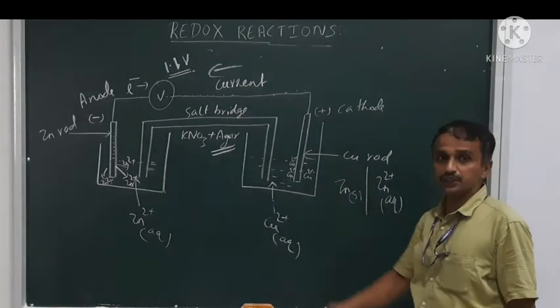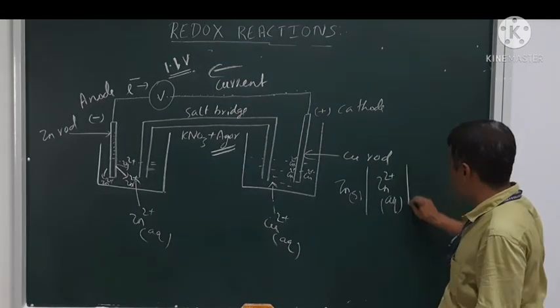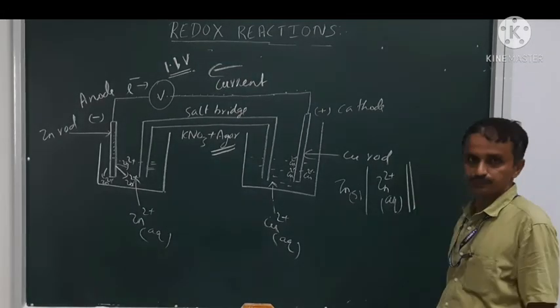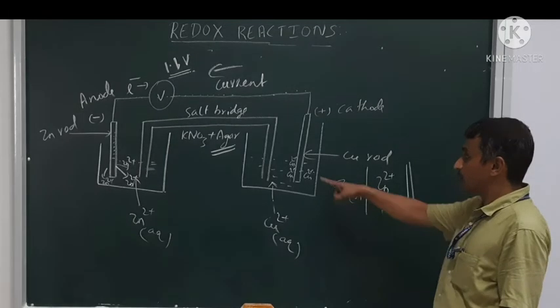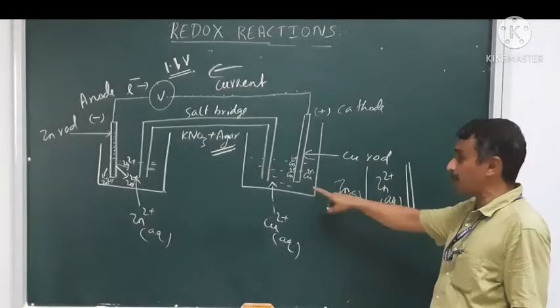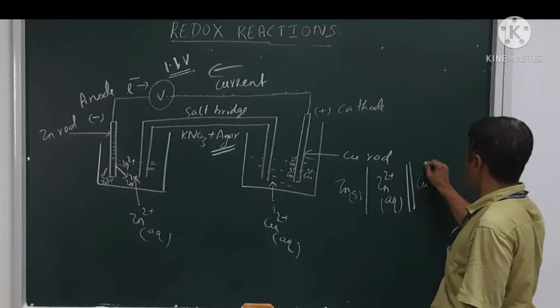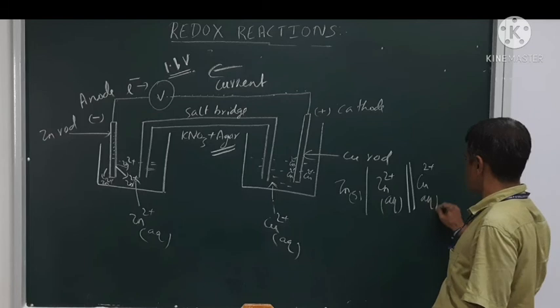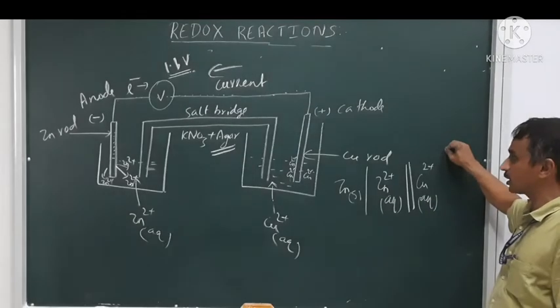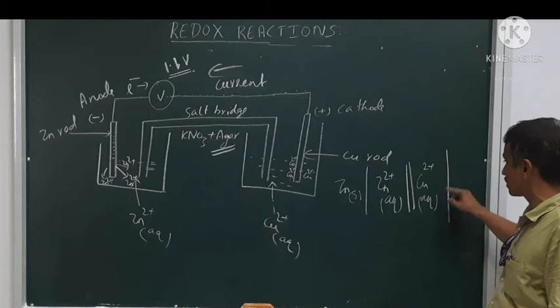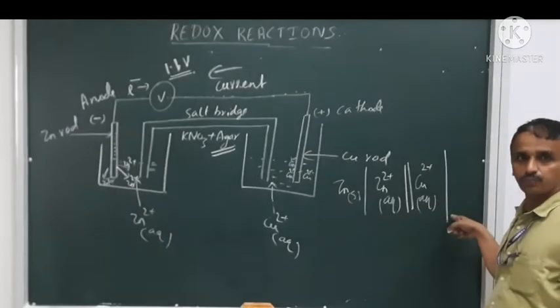Now, the salt bridge is there. To represent the salt bridge, I have to write 2 bars, 2 lines. Then the copper rod is kept in a copper sulfate solution, Cu2 plus aqueous. And copper 2 plus and the copper rod have a physical state difference, again a bar.